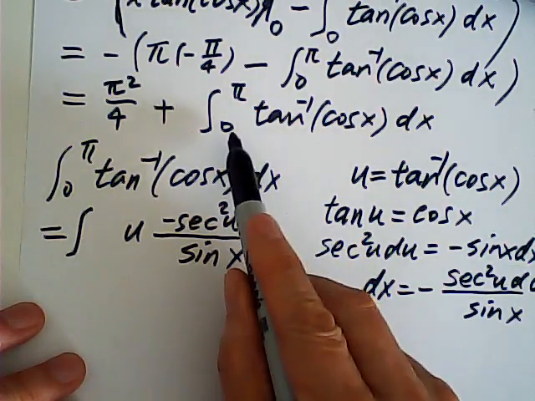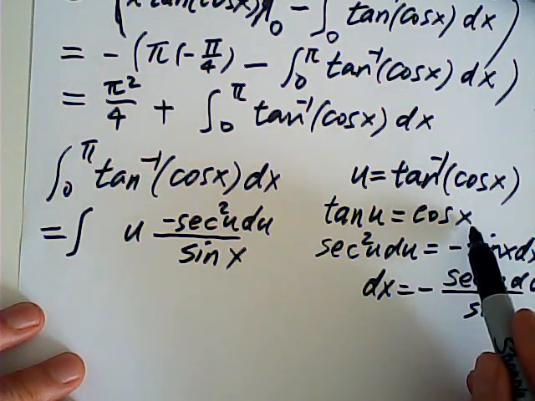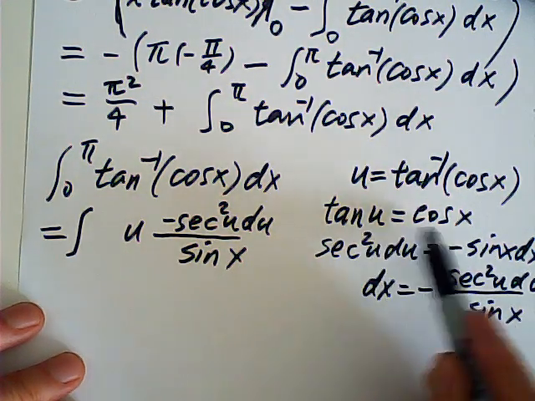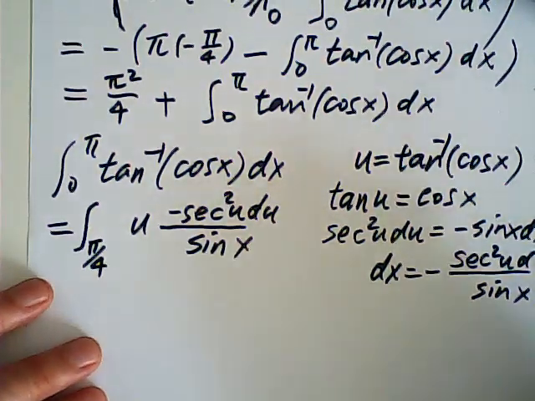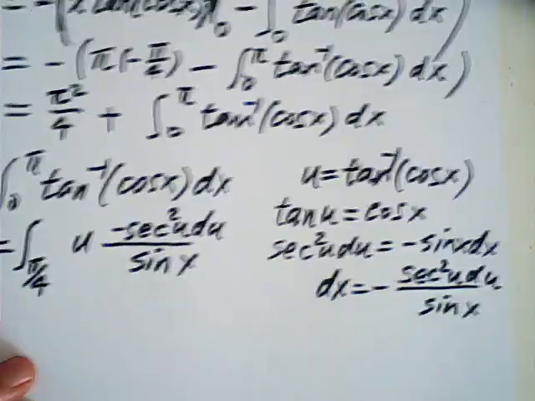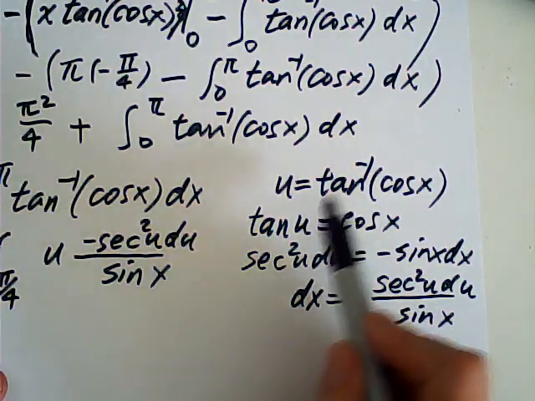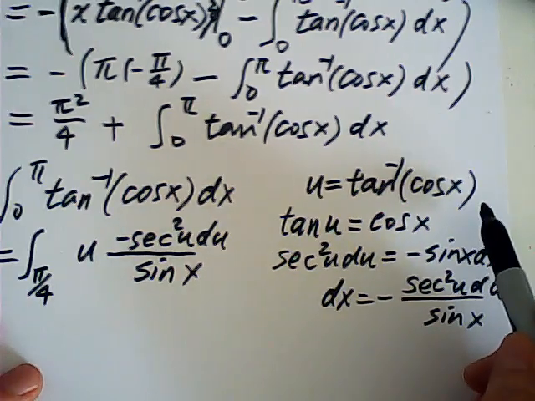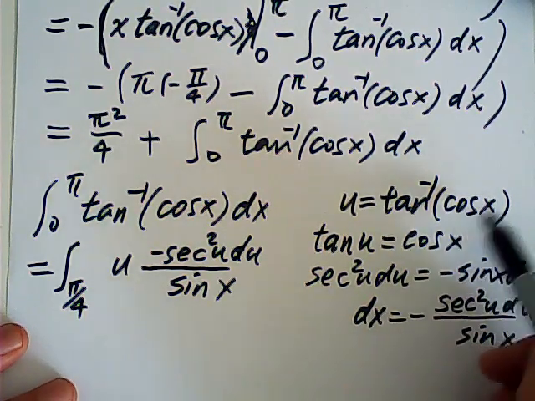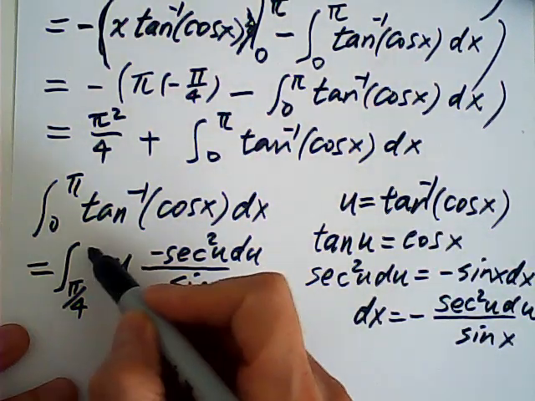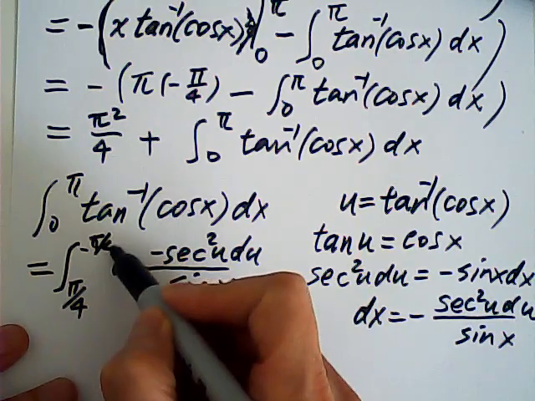So when x equals 0, tangent u is 1, so u is a quarter pi. When x is equal to pi, this is a negative 1. Arctangent negative 1 is a negative quarter pi.